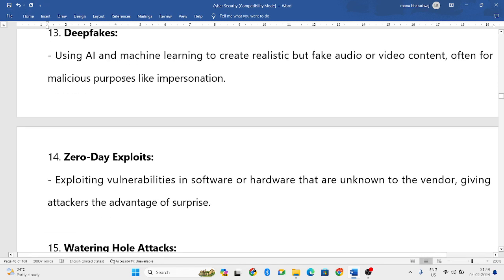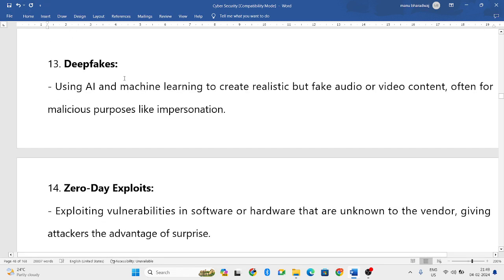Next is deep fakes. You have seen that usually they create memes using AI. They usually target reputed people like heroines or politicians. They create a video in which some political person is singing or dancing. Using artificial intelligence, they create all this fake content.